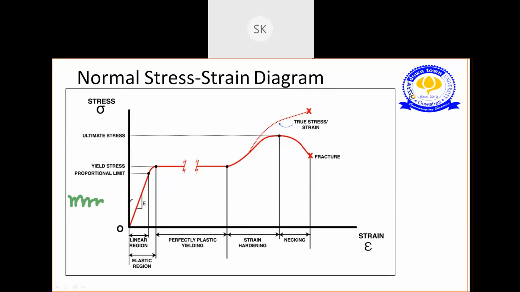At this point, whatever stress you take, it will give a corresponding point of strain, right? So this is your linear region part, and the slope of this part is nothing but your E value.